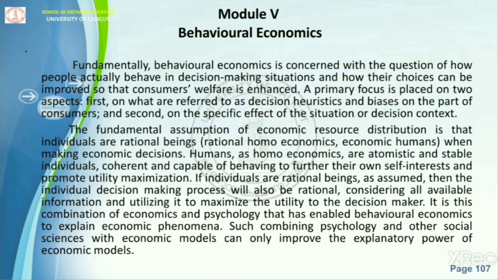If individuals are rational beings as assumed, then the individual decision making process will also be rational, considering all available information and utilizing it to maximize the utility to the decision maker.